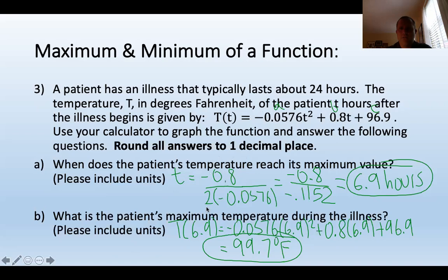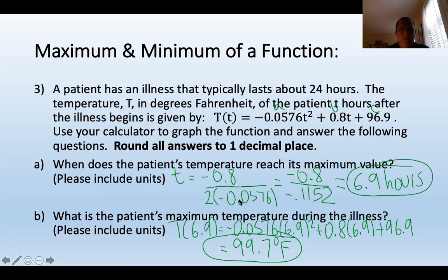Two times negative 0.0576 is negative 0.1152, and negative 0.8 over negative 0.1152 is 6.9 hours, rounded to 1 decimal place.